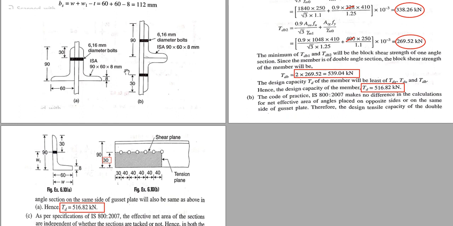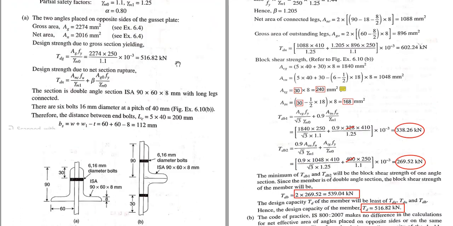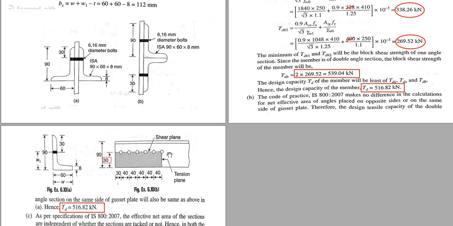Now for these two figures we have to find the tensile capacity of the section. Here in this question you should know what is tack bolted. Tack bolting means we provide extra bolts to maintain the pitch. That means here in this figure there are 6 bolts, and it may be required to maintain the pitch.